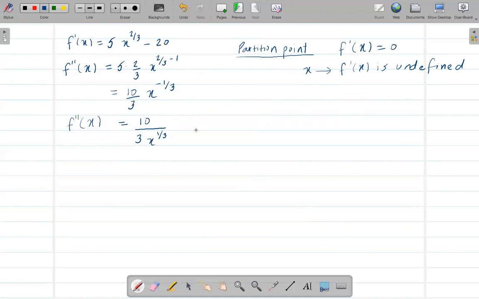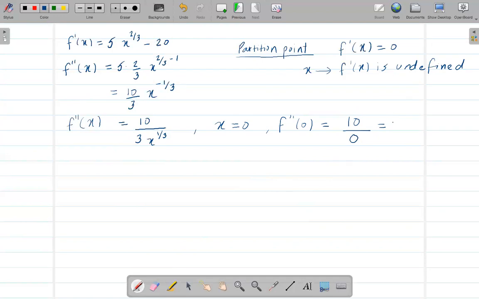And we can easily see that if x is 0, then f double prime of 0 is 10 over, and if x is 0, then this whole thing in the denominator will be 0, right? So this will make it undefined, because any number divided by 0 is undefined.